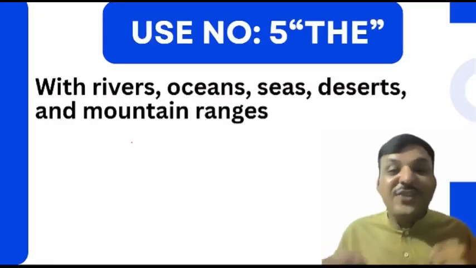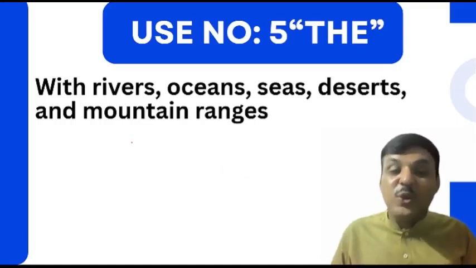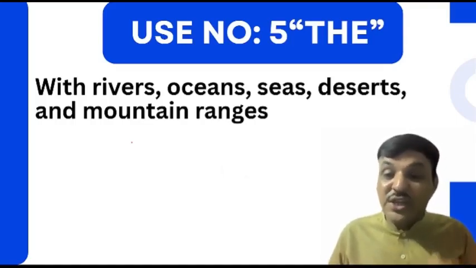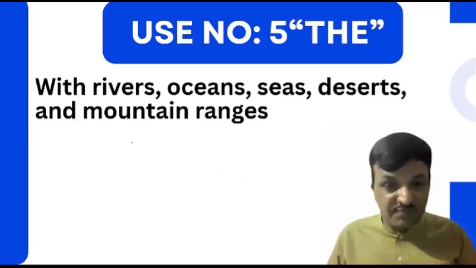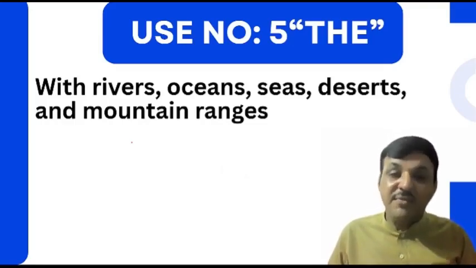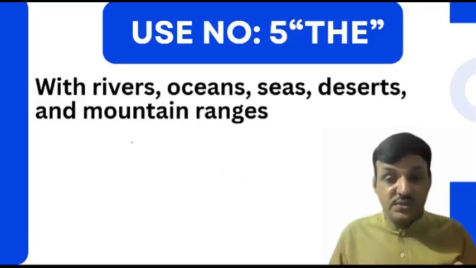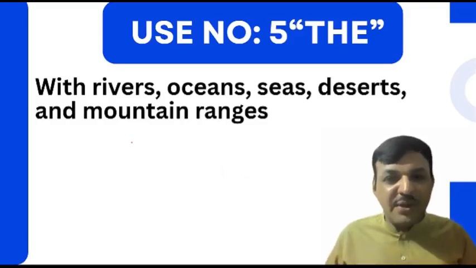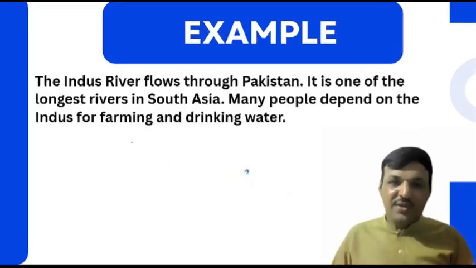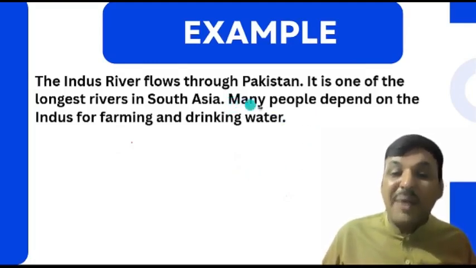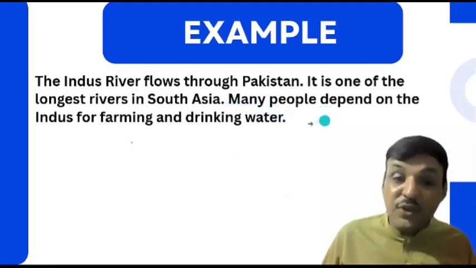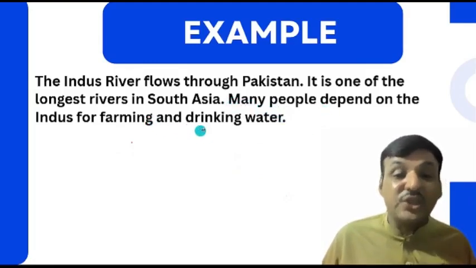Use number 5 tells us that "the" is used with rivers, oceans, seas, deserts, and mountain ranges. Suppose I say the Indus River, the Pacific Ocean. Let's go to the example to understand better. The Indus River flows through Pakistan. It is one of the longest rivers in South Asia.